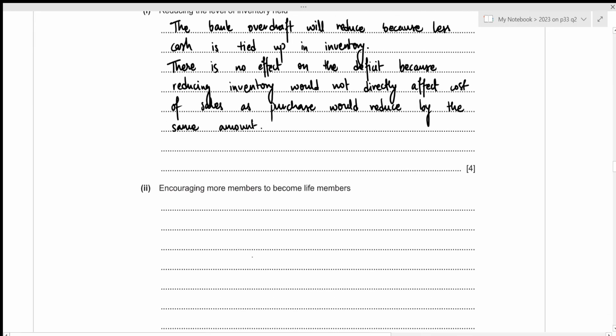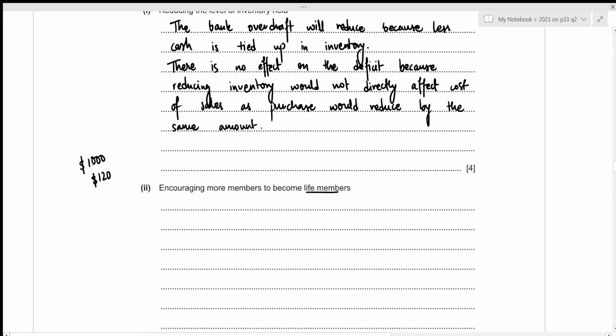Let's move towards the second suggestion, that is encouraging more members to become life members. Now the impact on bank overdraft is that it would reduce in the short term, right? Because if they're only paying the annual membership fee, they will be paying 120, but by becoming life members, they will be paying 1,000.